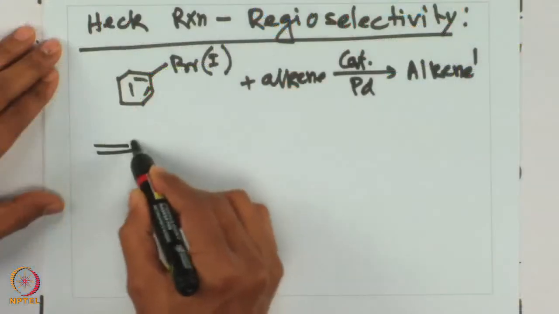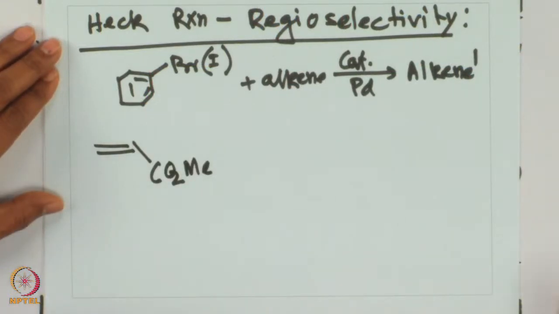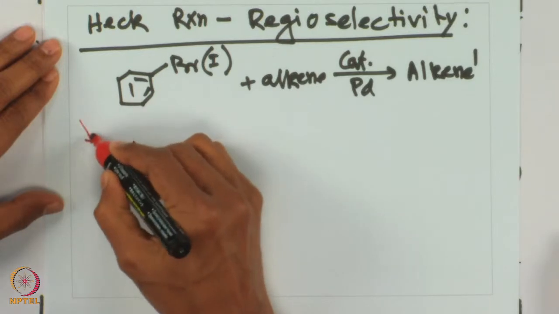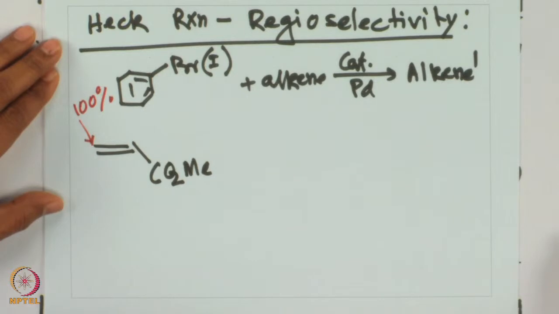Okay. Let us look at the relative rate of olefins and their regioselectivity, what percentage of the alpha position or beta position gets substituted with an electrophile such as aryl halide. If you take methyl acrylate, we get 100% selectivity at this carbon, okay, that is good.